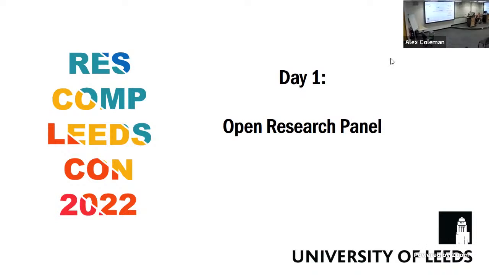So I think fundamentally for me, open research and open science, if we want to use that term as well, is about helping us to share more of what we do, and by doing so, challenge and be challenged in our findings. So that's my outlook. So I'll pass over to Graham.